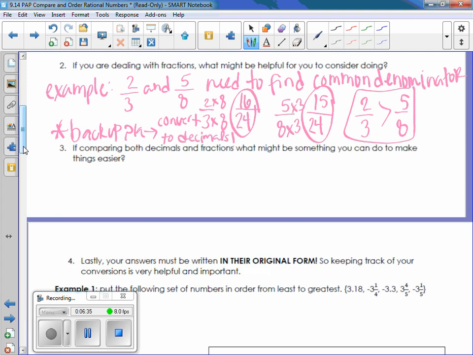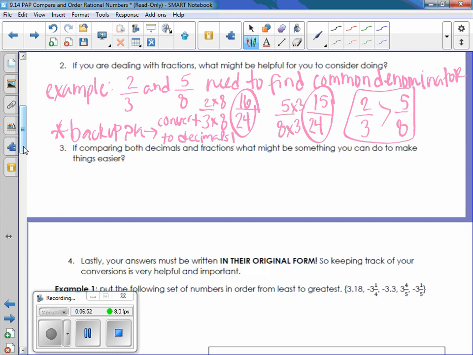The other thing that's helpful is if we're comparing both decimals and fractions, it says what might be something that you can do to make things easier. Instead of both being fractions, if we have a decimal and a fraction, in order to compare them, what do they need to be?